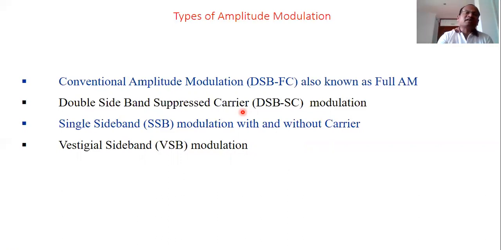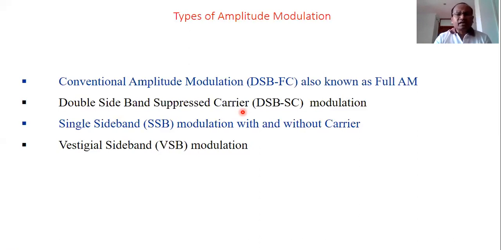Please remember, either of the sidebands. And despite there being no carrier, one of the sidebands is missing. Only one sideband is transmitted. Later in the subsequent lectures, we will see that a single sideband carries the whole amount of message. So there is a method called SSB-SC, single sideband suppressed carrier.